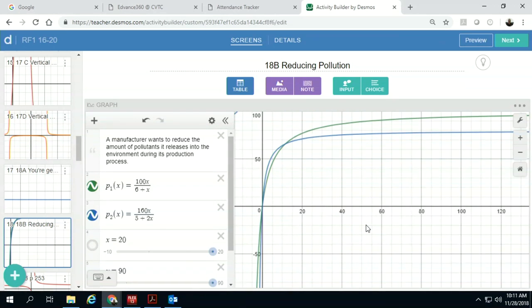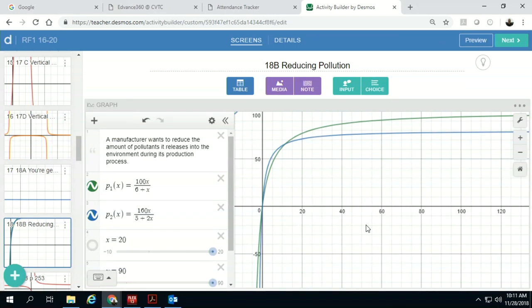Well, you should try harder, then you could remove 200% of the pollutants. You're not trying hard enough. No, you can only remove 100% of the pollutants. So you see both of them graphed there. Does it appear that they have an end behavior that is the same on the right-hand end? No, they don't, do they? The green one can remove more pollutants than the blue one can.